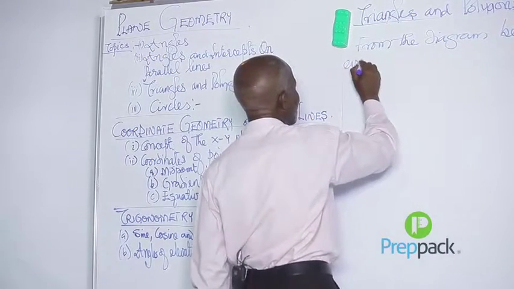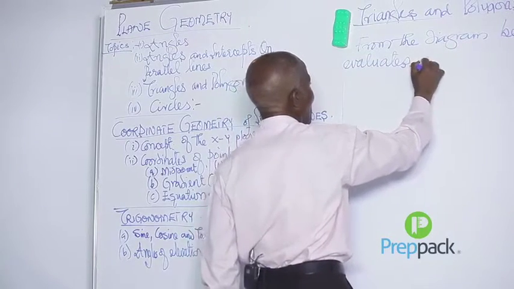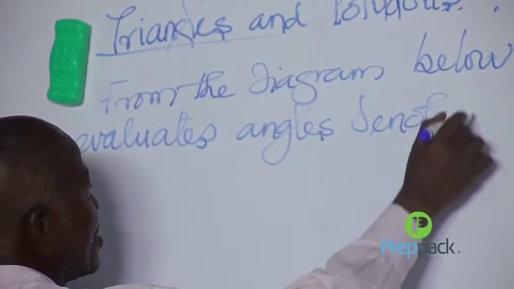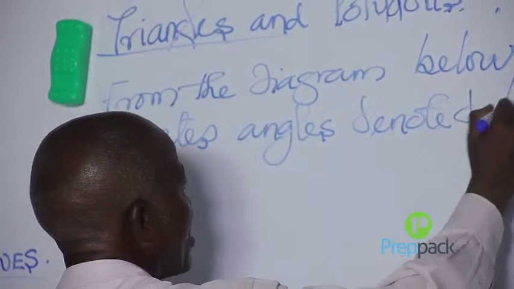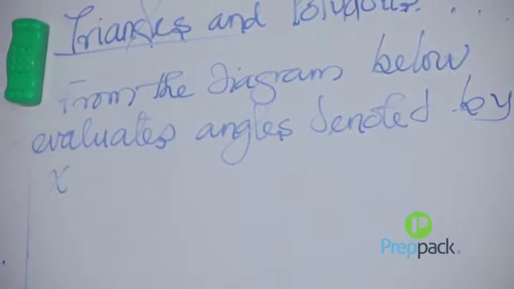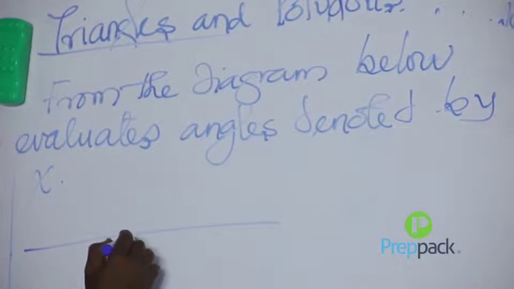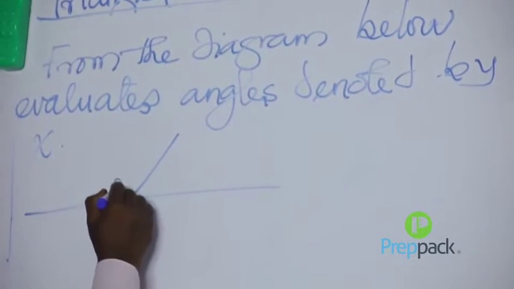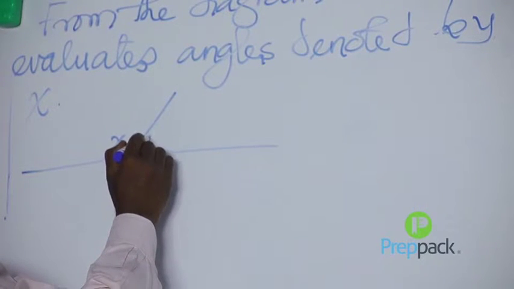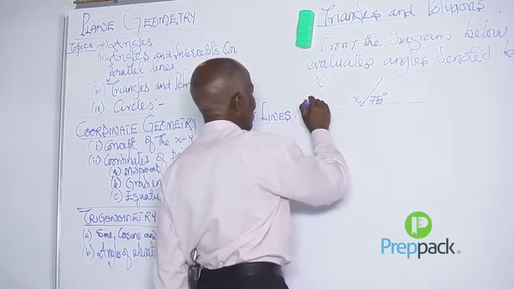Evaluate angles denoted by X. Now this, 75. That's number 1.